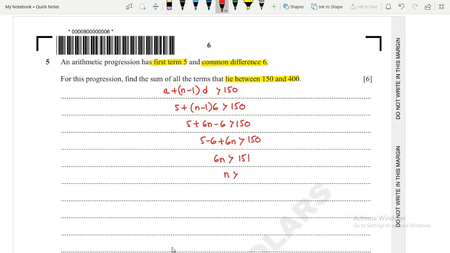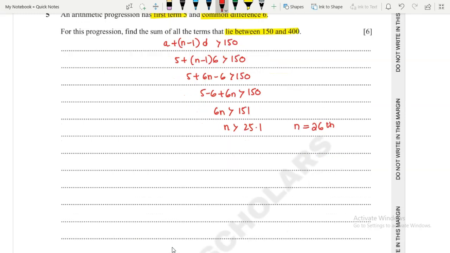N will be greater than 151 divided by 6, which is 25.1. So the n that gives a term greater than 150 will be the 26th term. Okay, let's work it out for the other one as well. Let me just move this down to the side so that we can save some space.